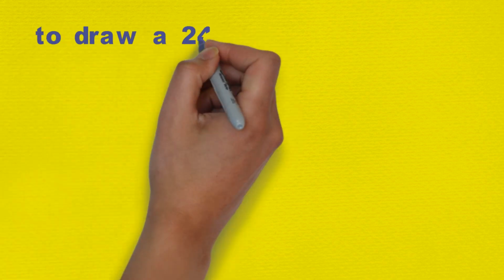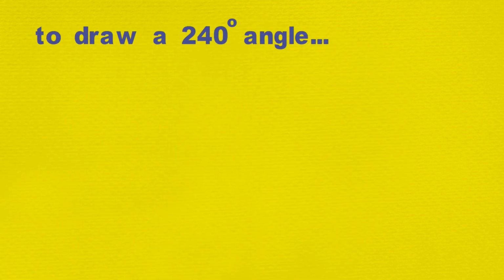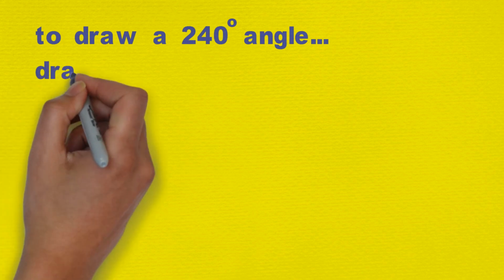To draw a reflex angle, say 240 degrees, an easy way is to draw the angle which combines with the reflex angle to make 360 degrees.